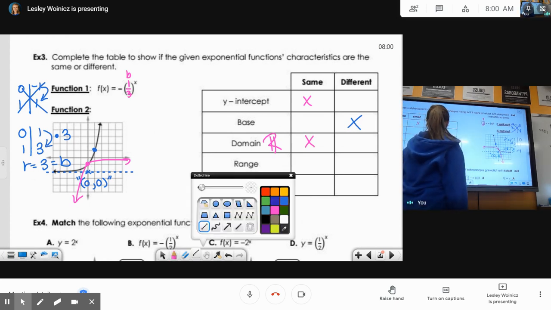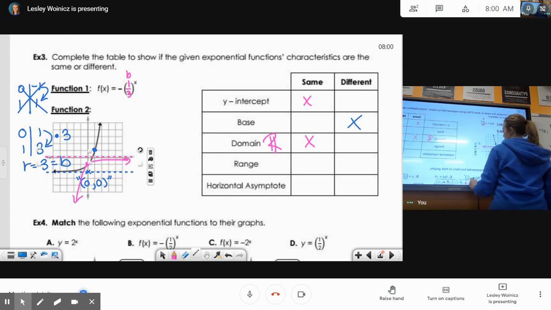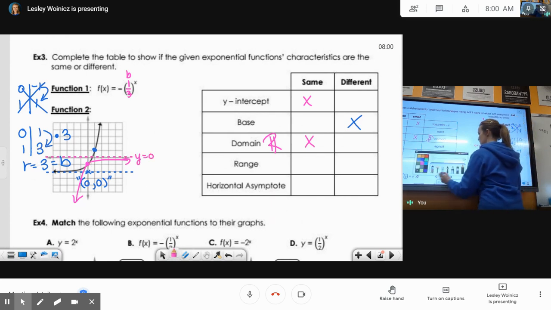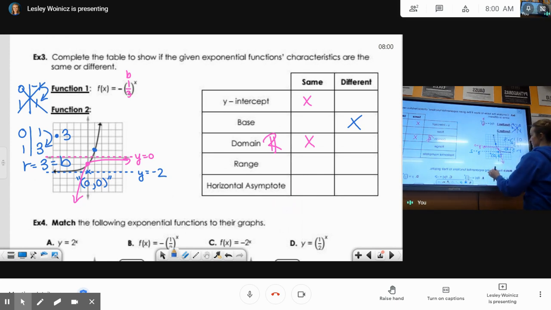Okay, let me put the horizontal asymptote for the pink function on here. So this one was y equals 0, and this one was y equals -2, right? So for my blue function, the range would be y's that are greater than -2.